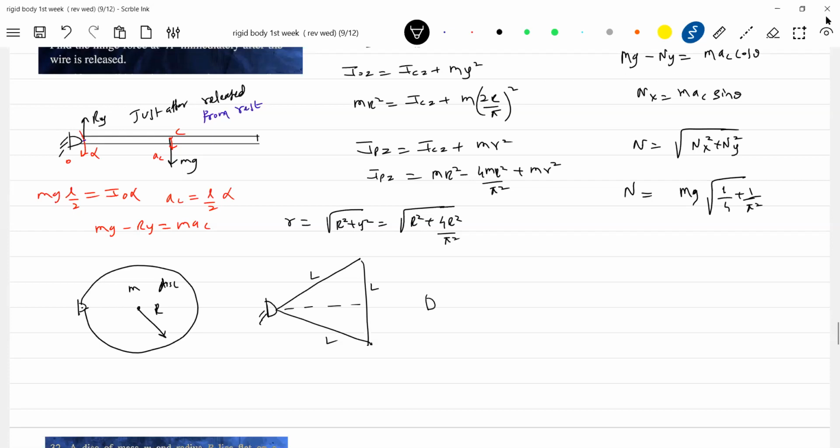It's unlimited. That's what I suggest to you. Same thing. There's a right angle triangle, 30 degrees, I'll give it. Also let M be the mass.